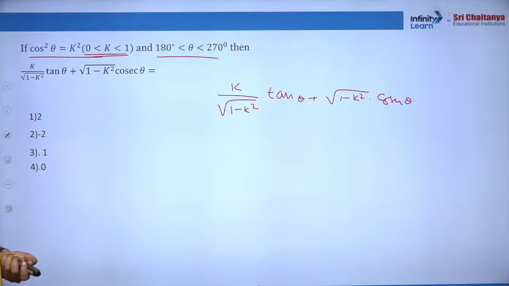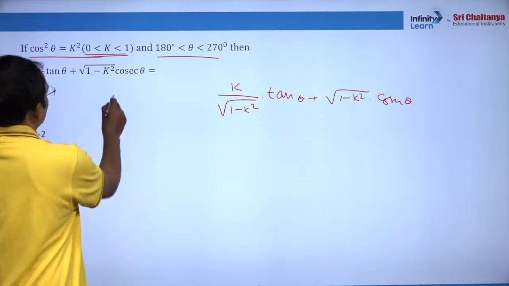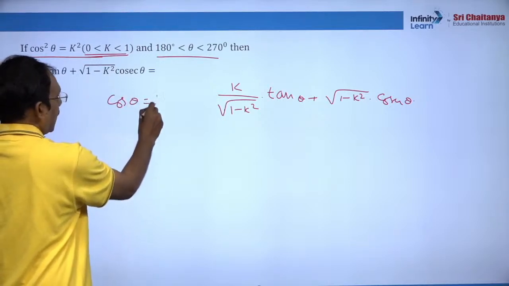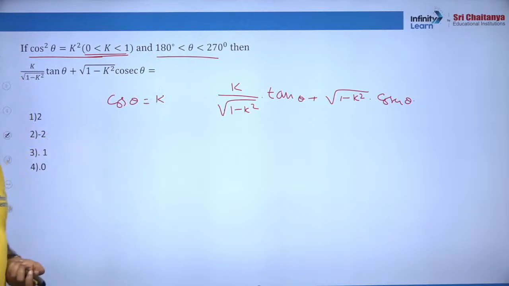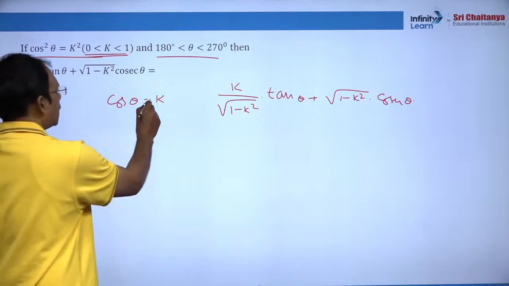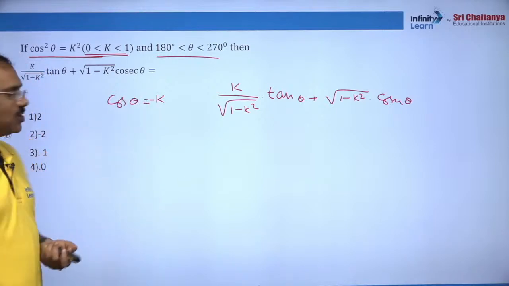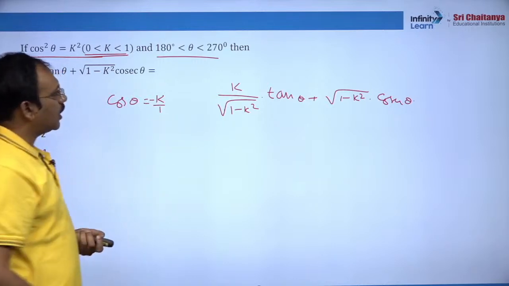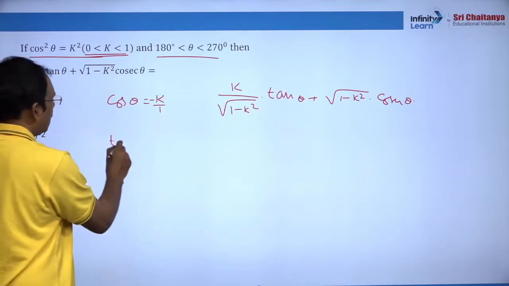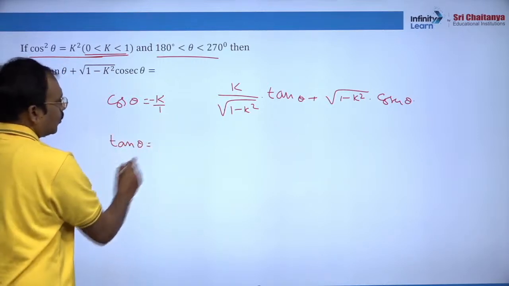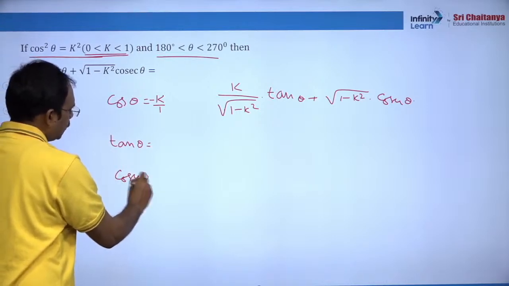So, tan theta in the third quadrant is positive, and in the third quadrant cos theta is negative, so cos theta is minus k for your kind information. So, from this you can find tan theta and cosecant theta and substitute.